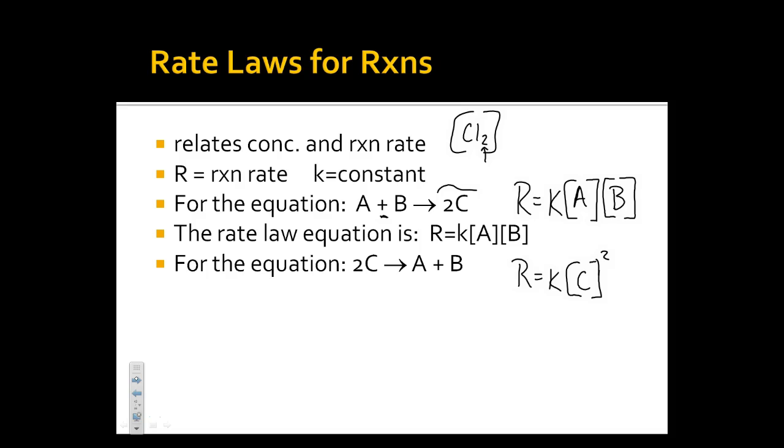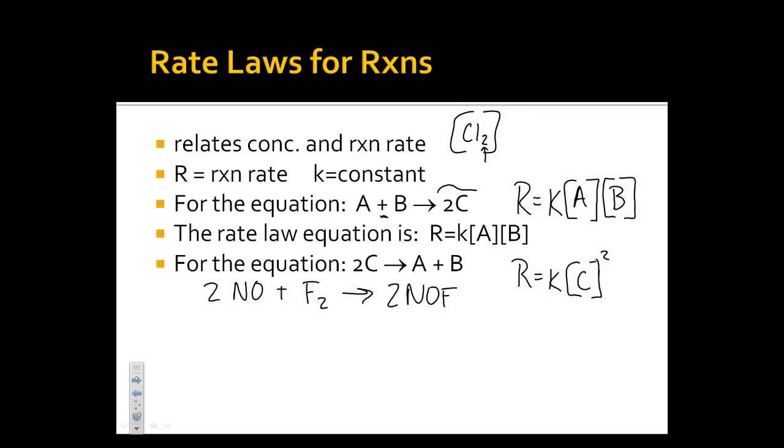Okay. Let's practice with this one. If I have 2NO plus F2 yields 2NOF2. Let's just make it this.